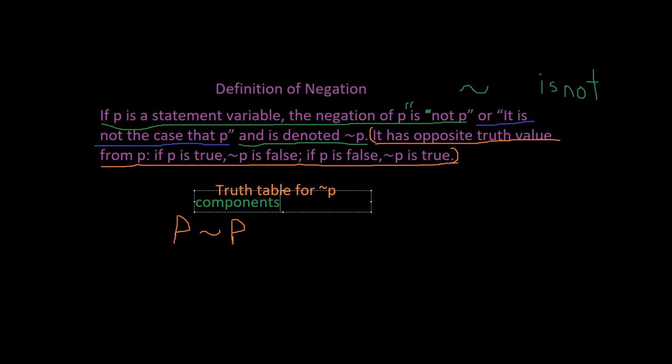In this case, we could put components slash variables, because I don't want you to get confused later on. So we're going to put components and variables. Right, because that's what it says up here. It says statement variable. So it's just so it follows the formal definition. And you know we've been talking about components. Like these are the components. So we're given P and negation P.